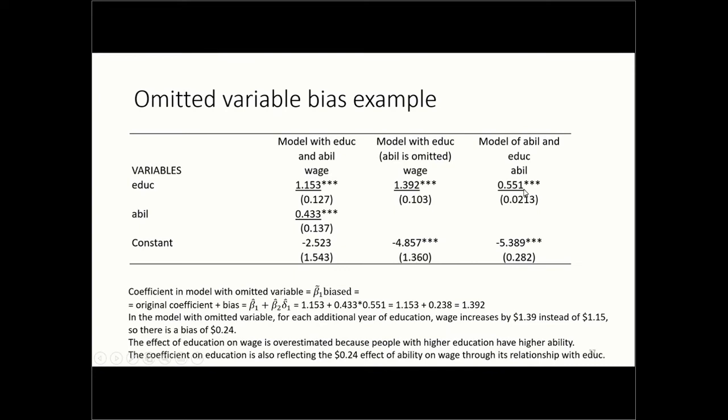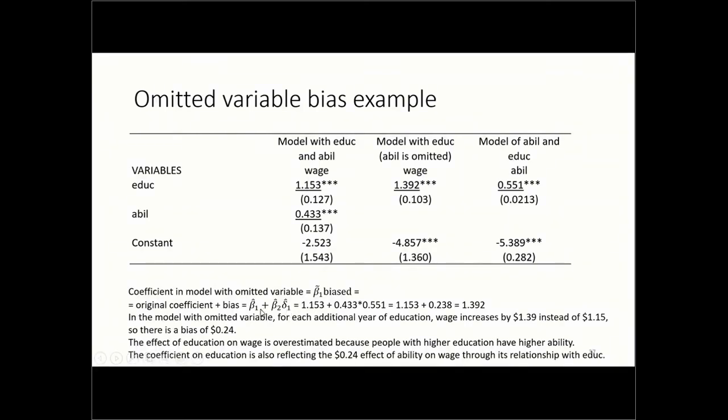So let's talk about the size of this bias. This coefficient here in the model with the omitted variable is the biased coefficient. And so this coefficient of 1.39, if you want to break it down, is the original coefficient, the 1.15, plus the size of the bias, or it's the beta 1 hat plus beta 2 hat times delta 1 hat. So let's find these coefficients here.